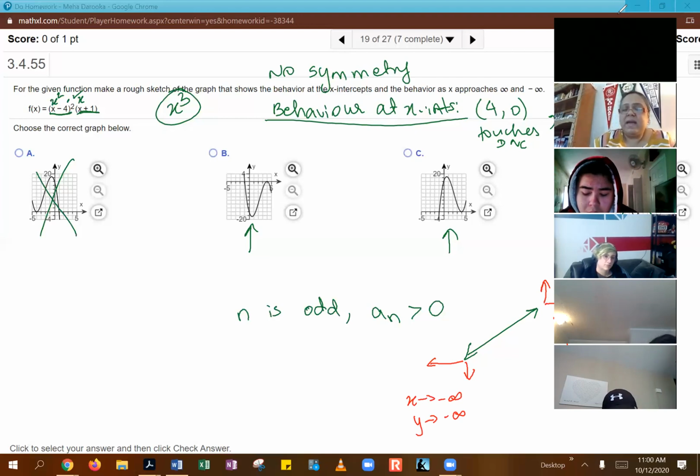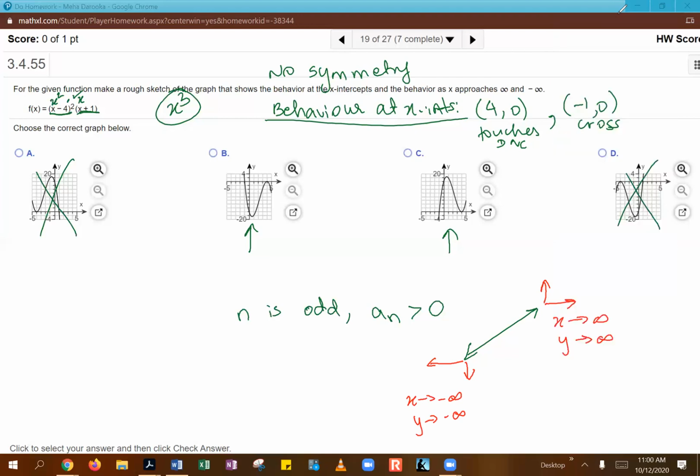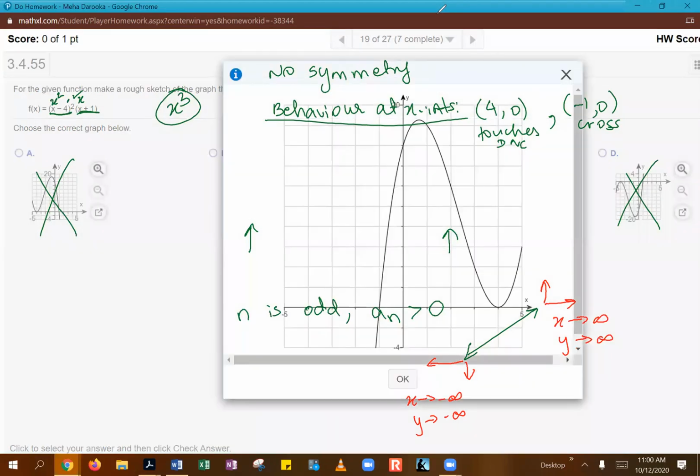C. Yeah, it's going to be graph C, because this is where, and let's make that guy bigger, you can see this is where this arm of our graph is going up as x goes to positive and y goes to positive. This arm of our graph on the left is of course going left and going down.